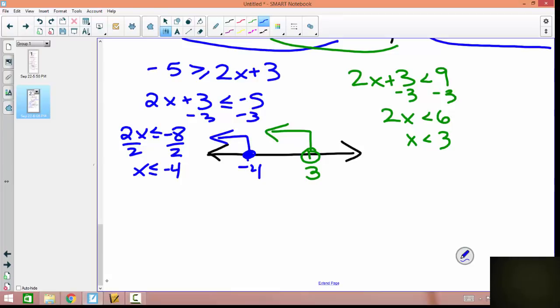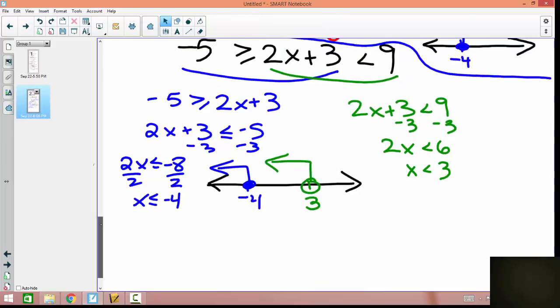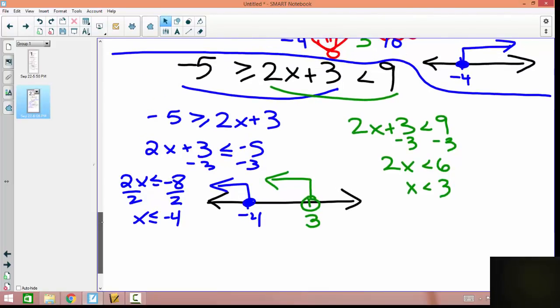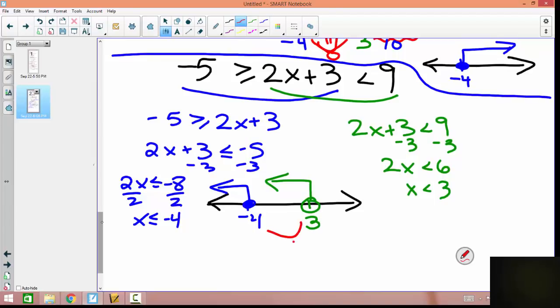So we are either going to graph just the green or the blue. So we need to plug in a number between here. Again, 0 is lovely. So when you plug 0 in, again, you get 3. So is -5 greater than or equal to 3? No. So already this does not work.